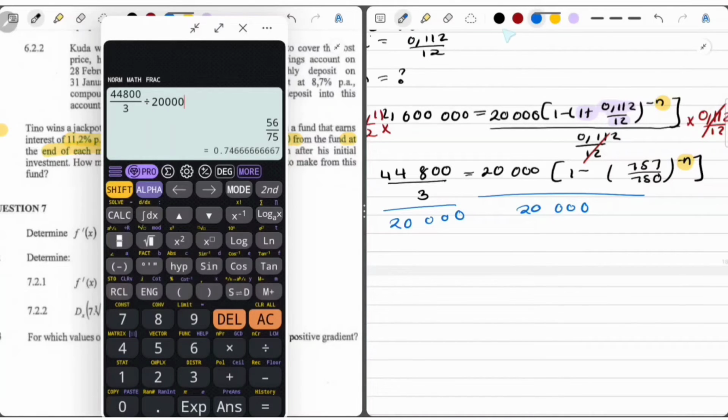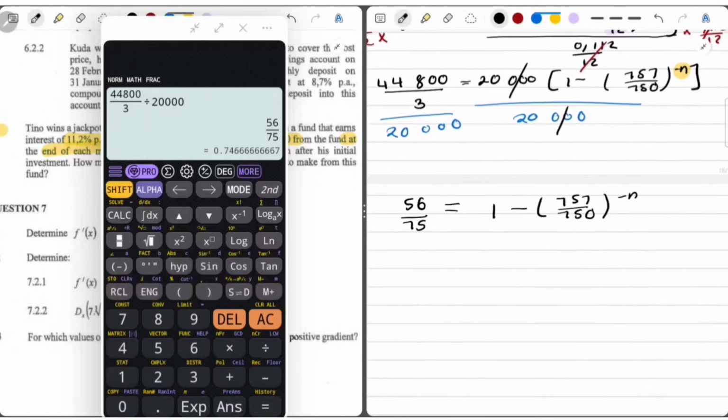Okay, that also gives us a fraction. That's good. So we're just going to use fractions because it's easier to keep track of what it is rather than decimals. So it's equal to, and this cancels now, and you're left with 1 minus 757 over 750 raised to the power of negative n.